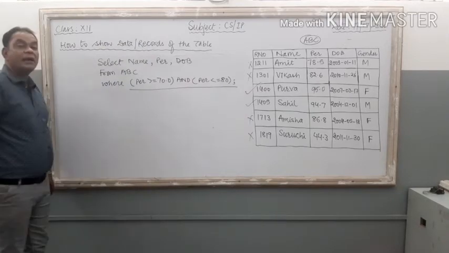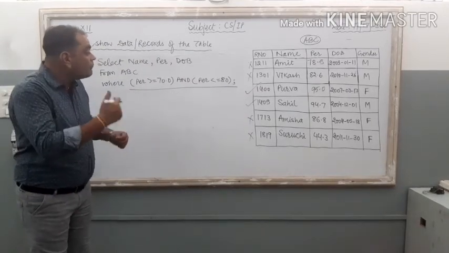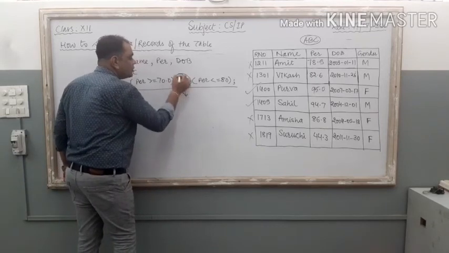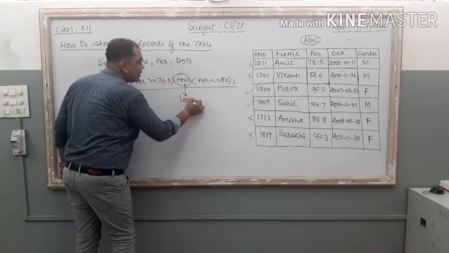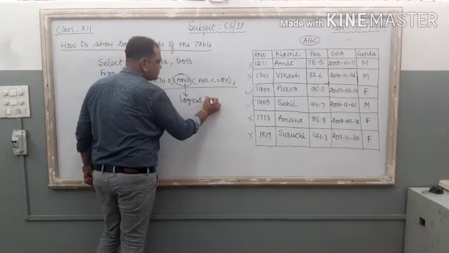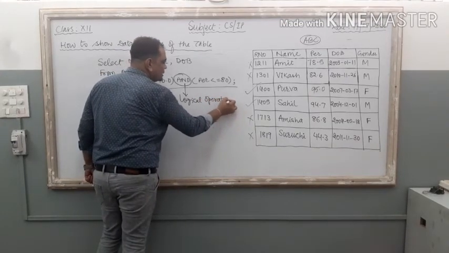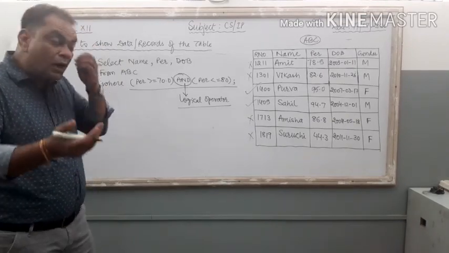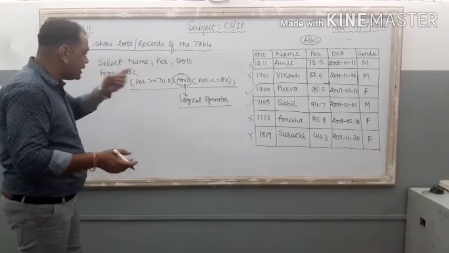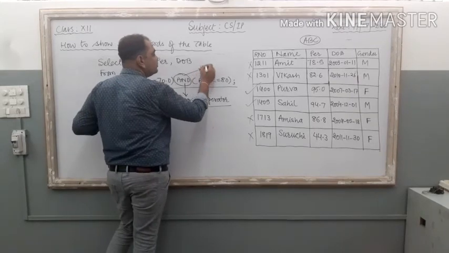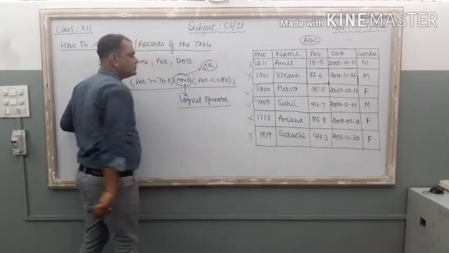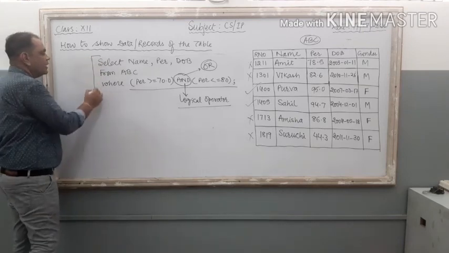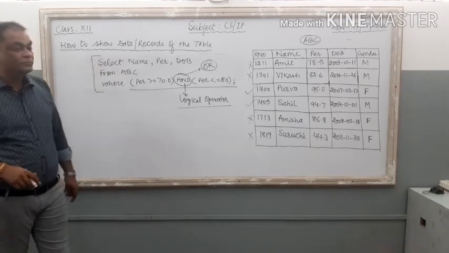Here two different conditions are combined with this AND operator. This AND is known as the logical operator of MySQL. It is used if we want to join two or more conditions with each other. Either we can use AND or we can use OR. So this is the formation of the select command. I hope it is clear to you. Thank you.